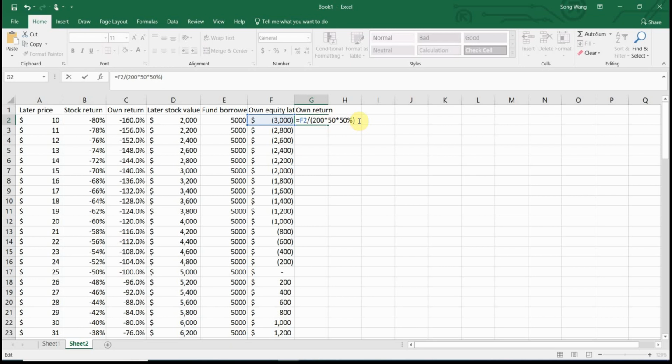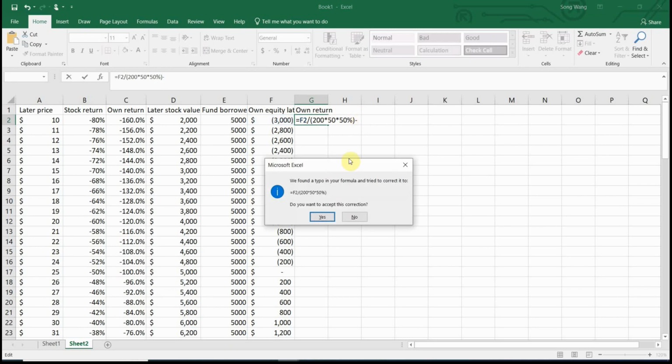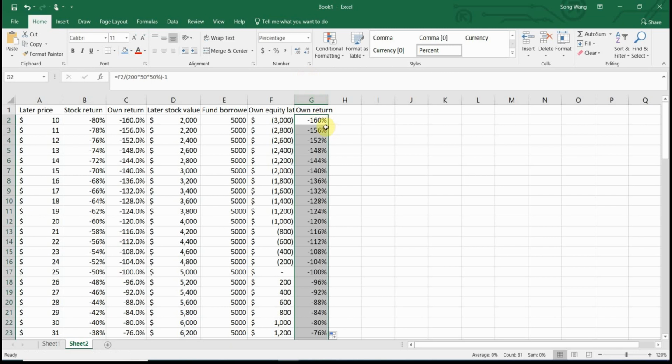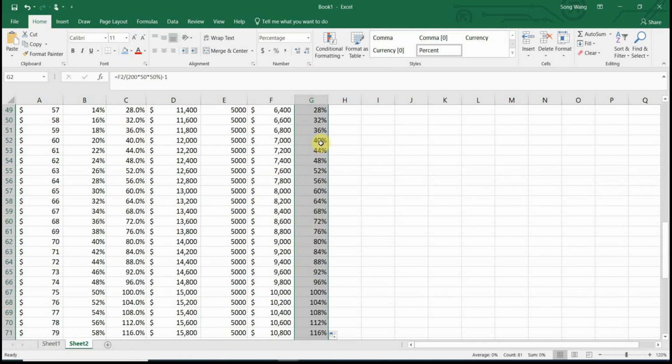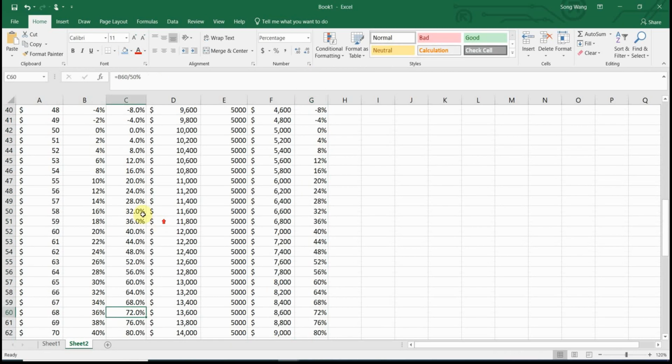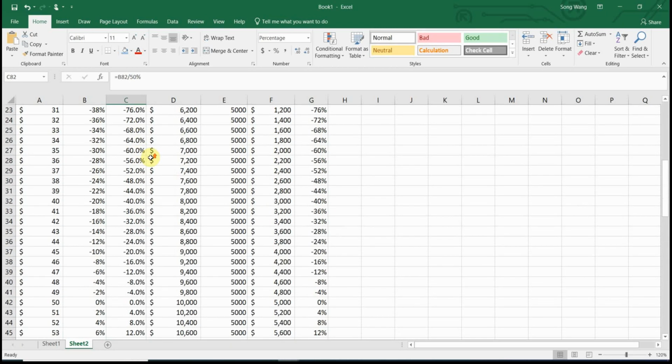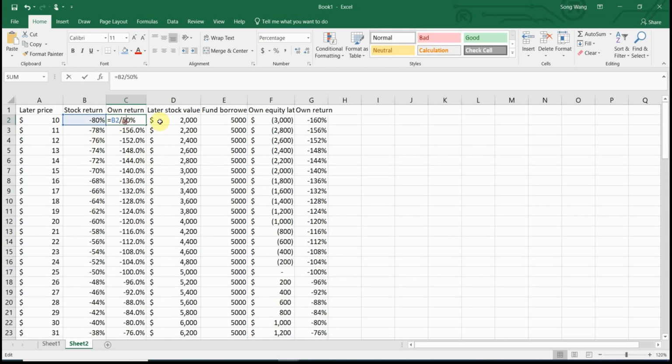And then the whole thing minus 1. Sorry about the hiccup. So that's 160% losses on your own. And then I just double click on it, and you will see this is your return, which is consistent with this column calculation. It is just the stock return divided by the margin requirement.